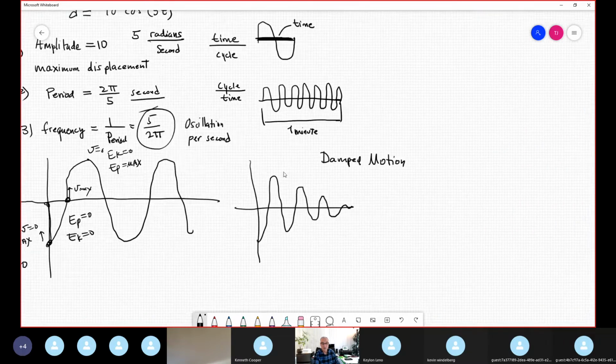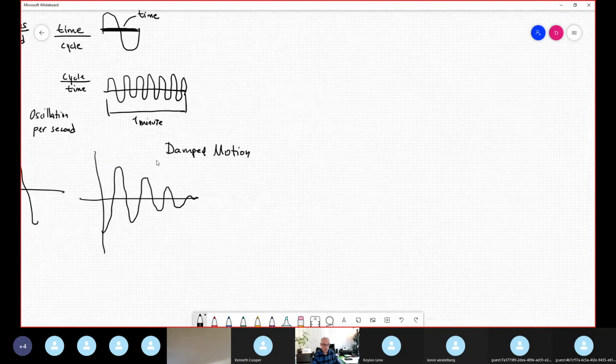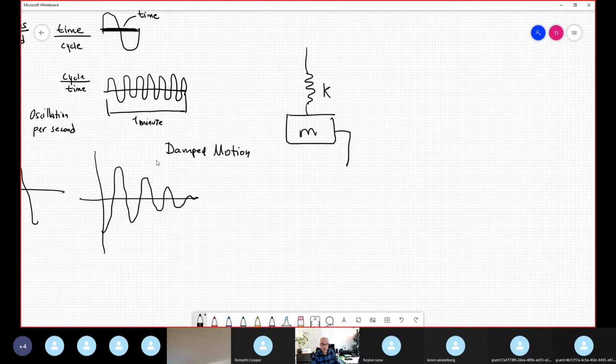Let me show you damping. Damping motion is: you have a spring. This is the constant of the spring. This is the mass. And this together is harmonic motion. Now include an extra element, which is the damper. A damper looks like a piston.